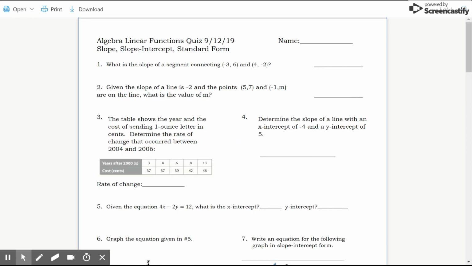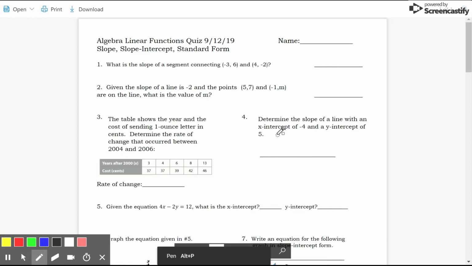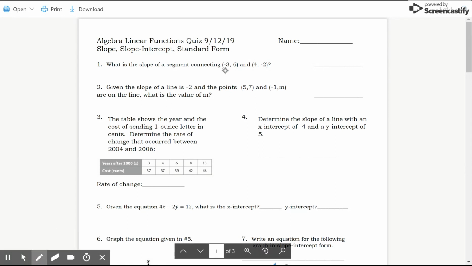Okay, so looking at yesterday's quiz, let's go over each one of these items. The first one is finding the slope between 2 points. So we have our x1, y1, x2, y2. Our formula says the difference of the y's divided by the difference of the x's.